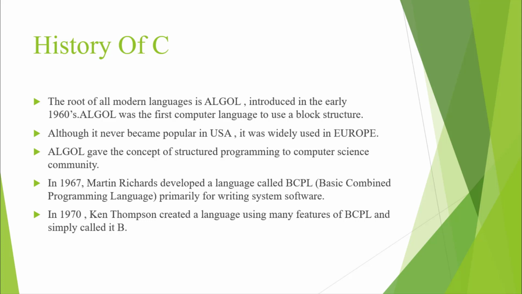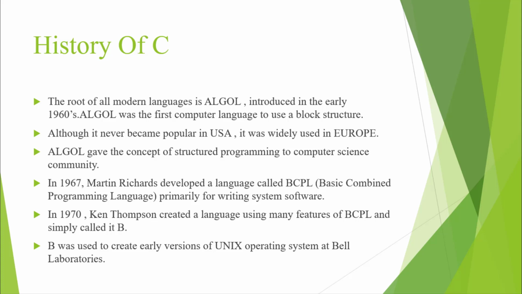So you can see BCPL was primarily for writing what? System software. Now B is also capable of writing system software, like using B you can write a compiler, interpreter, and you can write your own operating system as well.